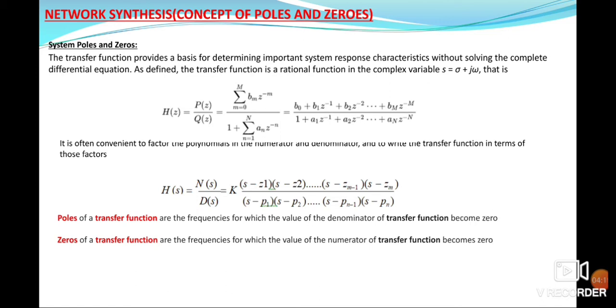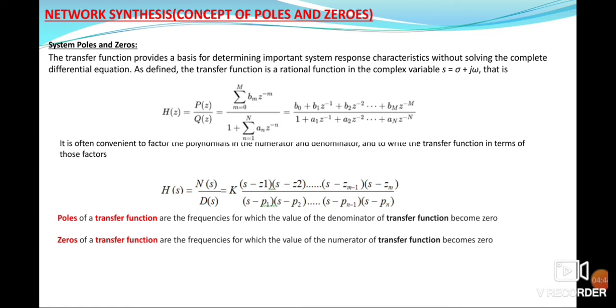So if we put the value of s as p1 in the denominator, the whole denominator becomes 0. So the poles of a transfer function are the frequencies for which the value of the denominator of the transfer function becomes 0. So poles and zeros are present in the denominator and numerator respectively for a transfer function.